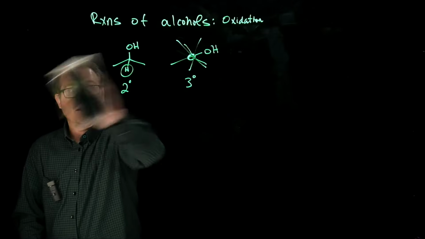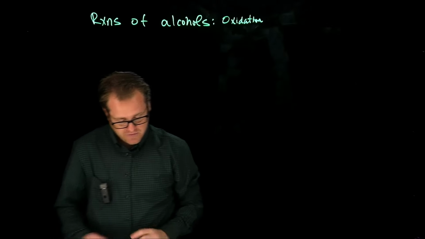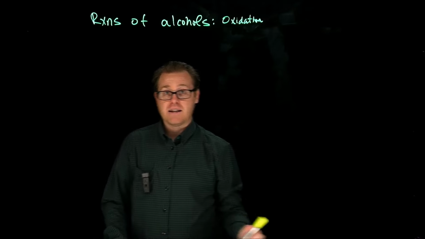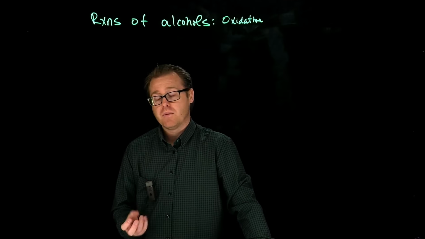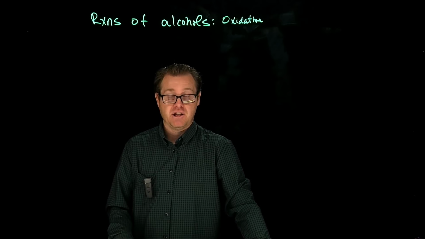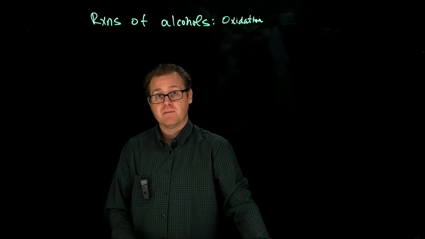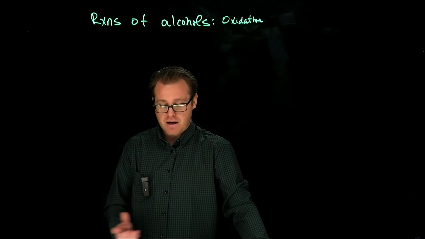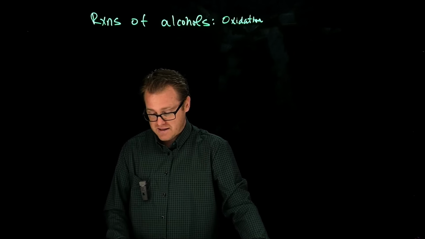So now let's take a look here. There's a lot of reactions or a lot of reagents that you just need to know. And I'm not worried about the mechanisms for the oxidations. Does your textbook have some of the mechanisms? Yes. But I'm not going to test you on any of those. They're just a little complex.